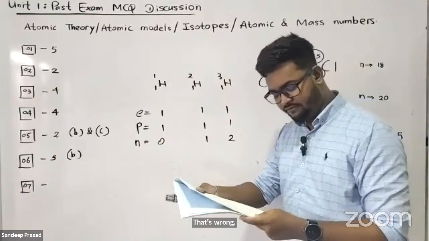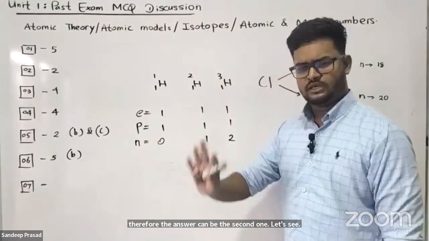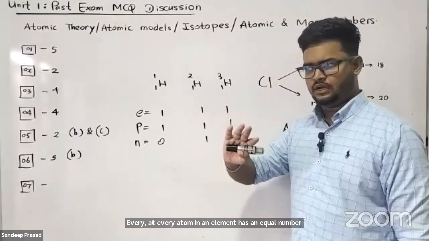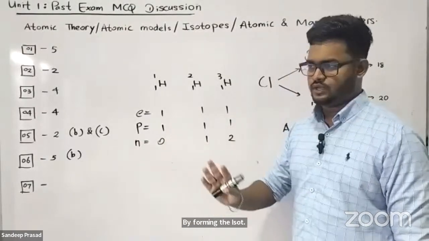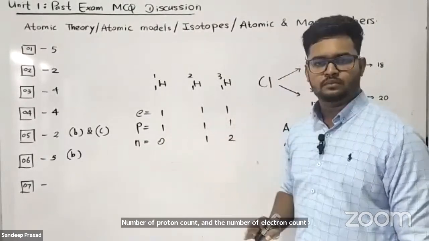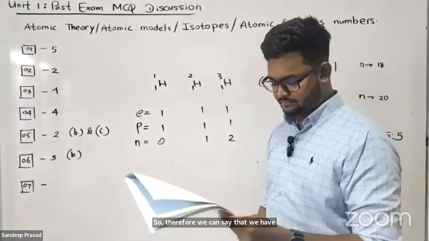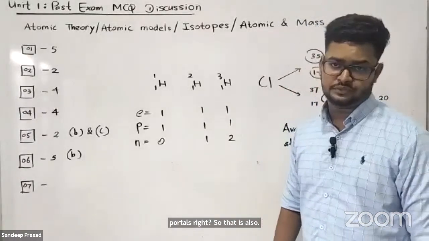Let's see. Every atom in an element has an equal number of protons. Yeah, that is also correct, right? By forming isotopes, the number of protons and electrons won't change. So we have the same number of protons, and that is also fine. Every atom in an element has an equal number of nucleons.